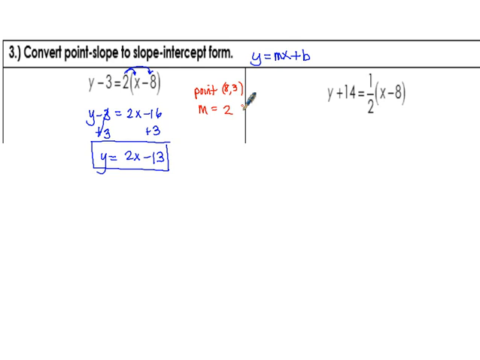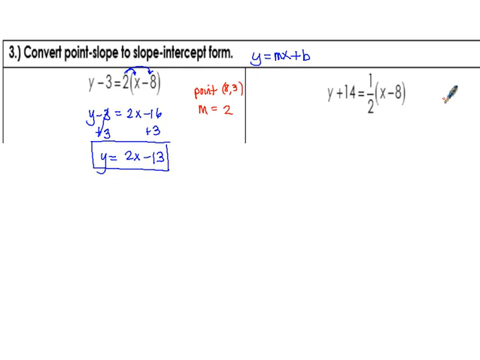So if anybody had given me the point and the slope, this would be your point slope format, and then we can take any point slope format into a slope-intercept format. Just a different way of looking at things.